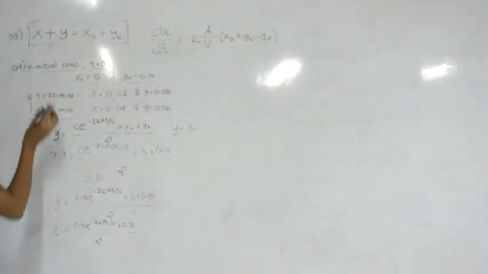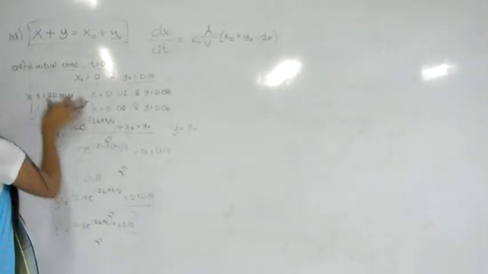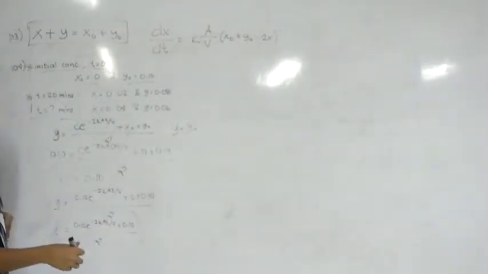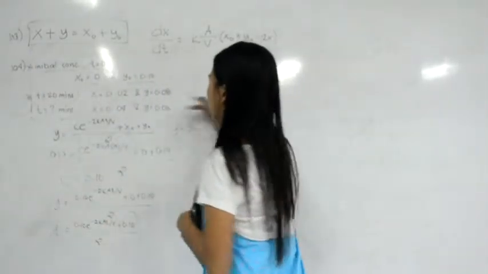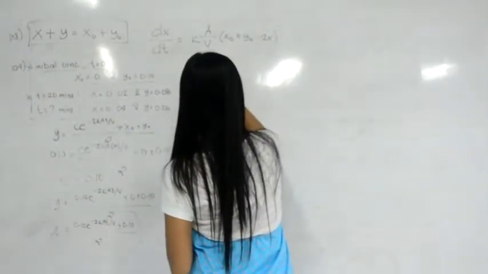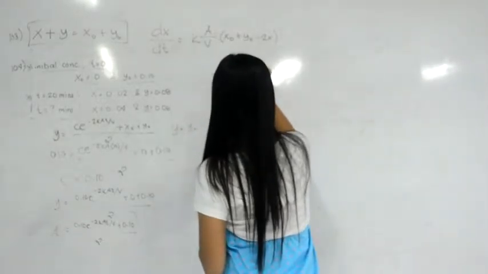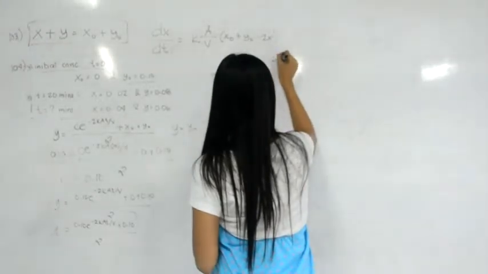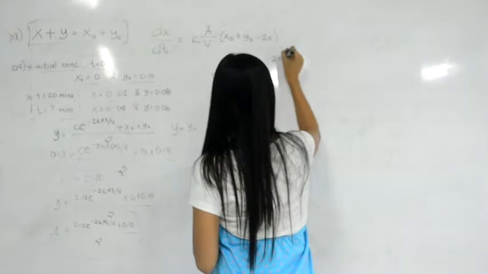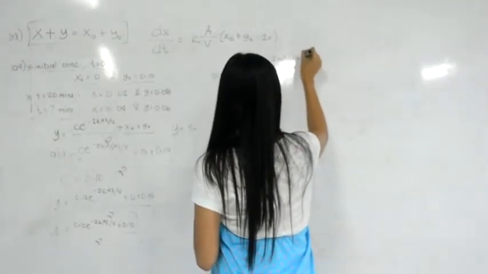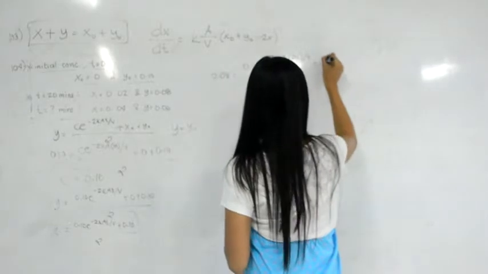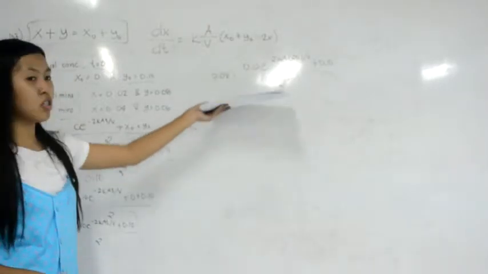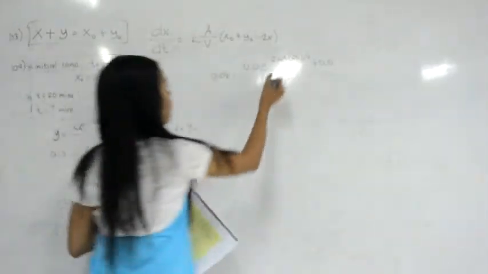We will go back to the next one, which is that in 20 minutes, the compartments will become 0.02 and 0.08. Now, by substituting this, y, 0.08, is equal to 0.10 e to the negative 2 k a times 20 over v plus 0.10 all over 2. In this problem, we're going to be solving for k.